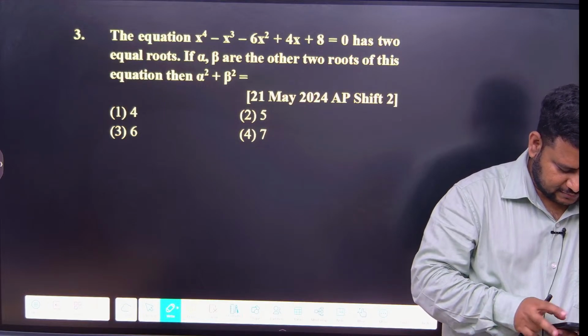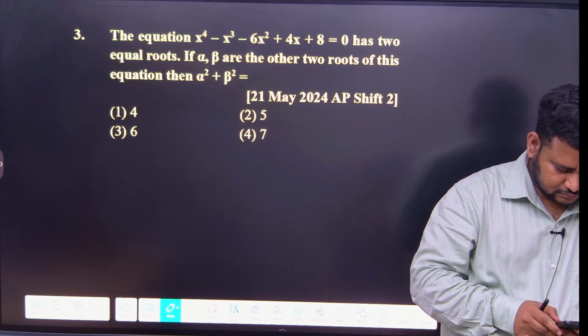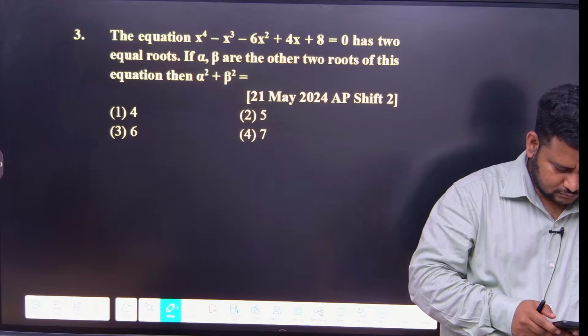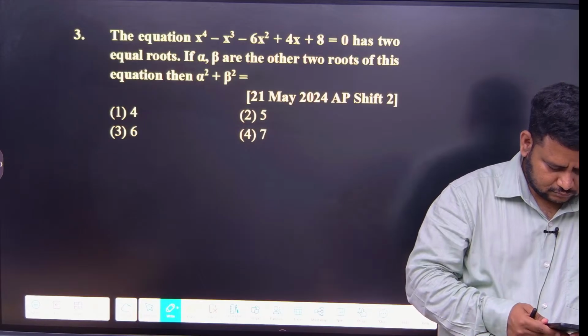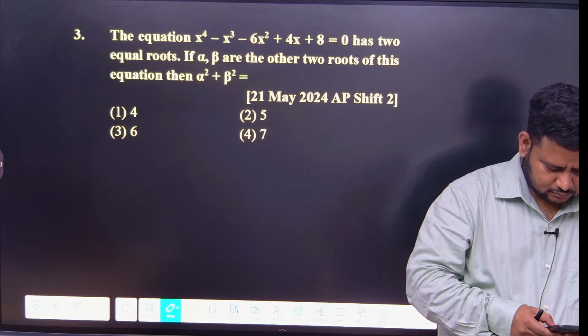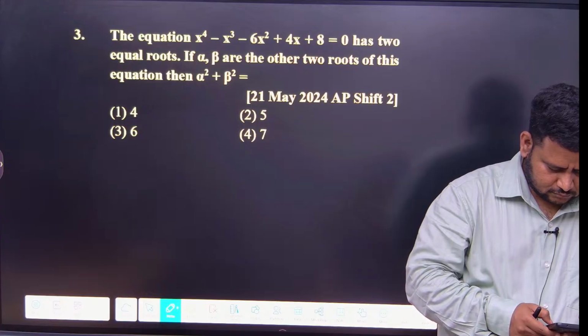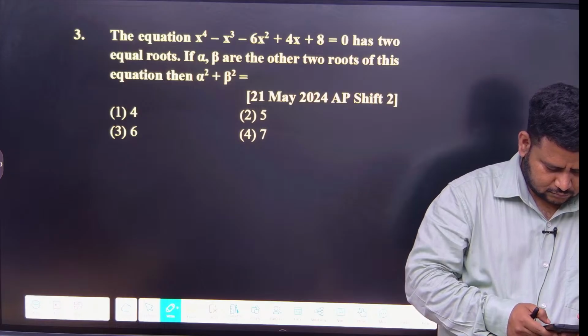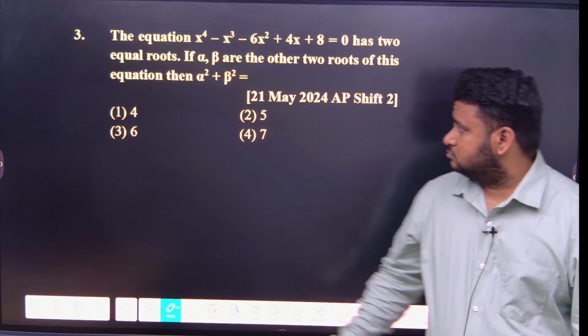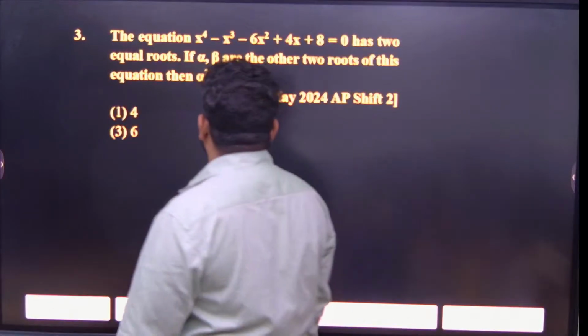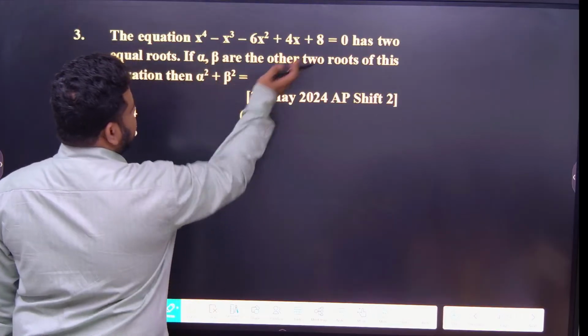Divided by x square, what will you get? Instead of that, if you divide again, it will come same.